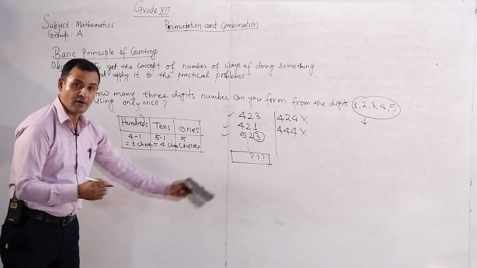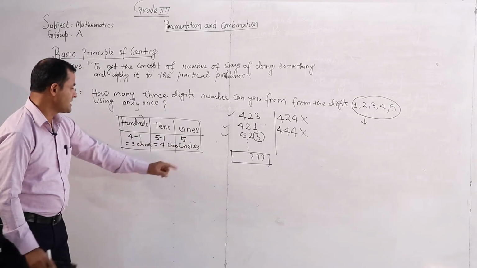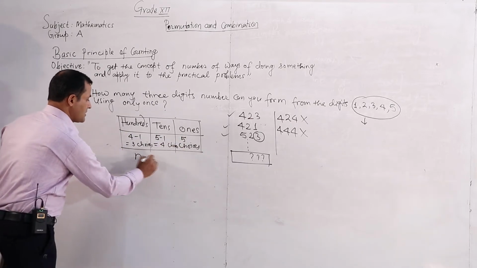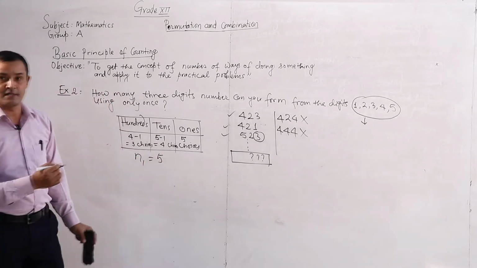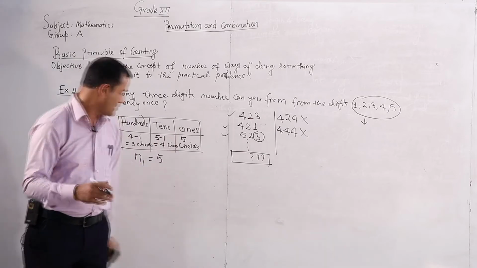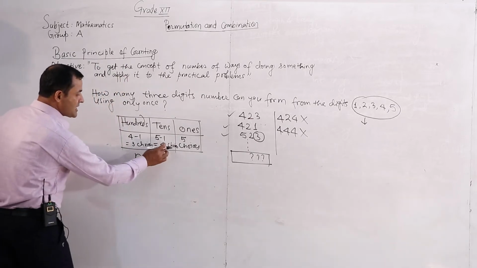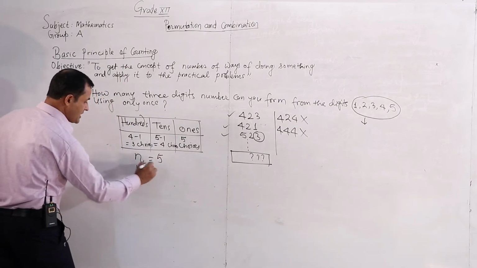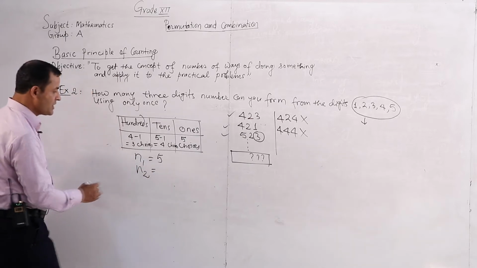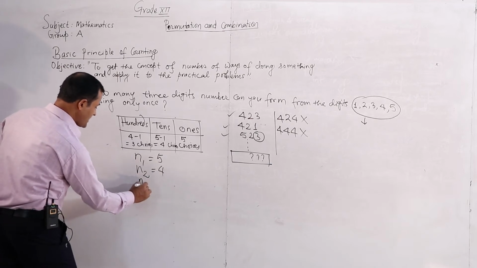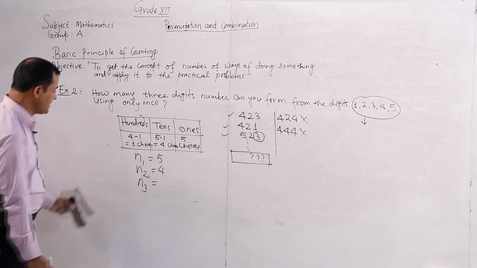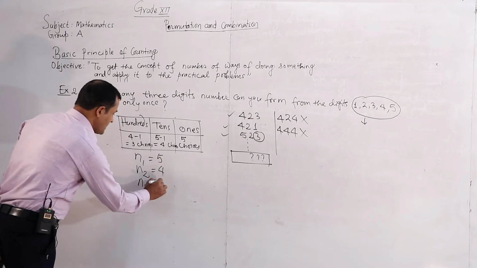So we can write it this way. The ones place digit can be chosen in 5 ways, so n1 equals 5. I'm not writing the language in detail, you have to write it. Similarly, the tens place digit can be chosen in 4 ways, because we cannot repeat. The hundreds place digit can be chosen in 3 ways.